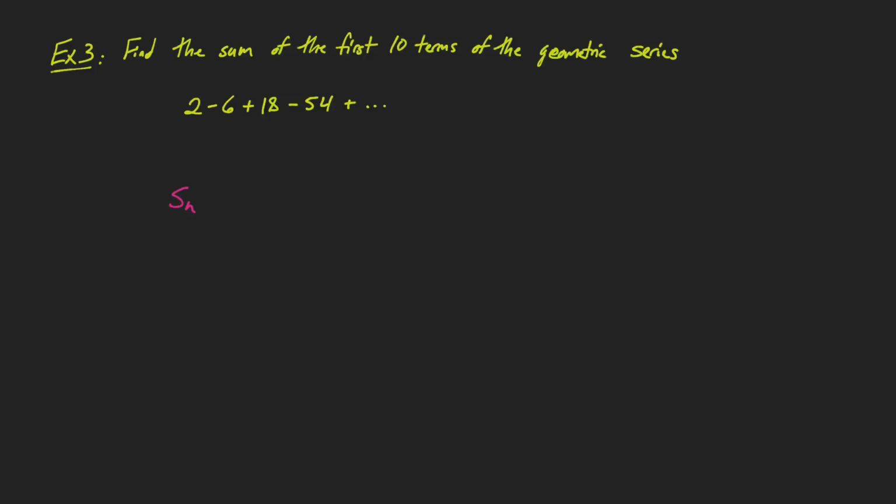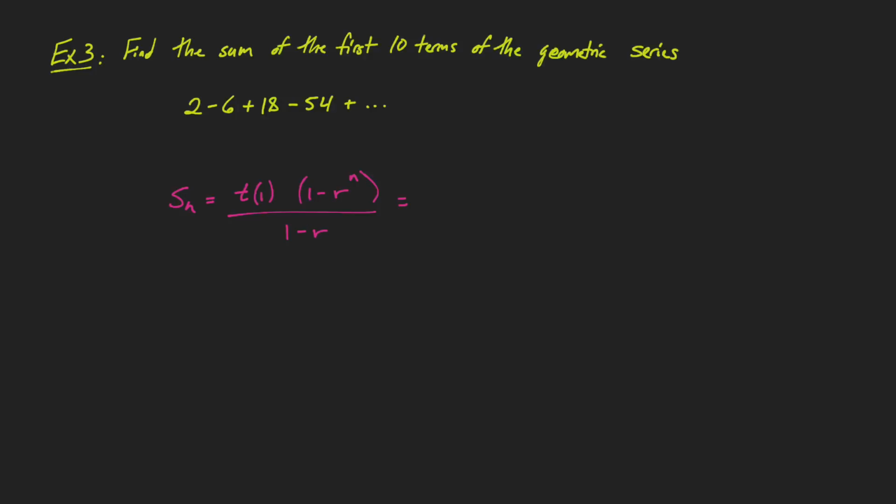So we have our sum of our series. T1 as our first term, and actually I want to keep it in my notation. T of 1 multiplied by 1 minus r raised to the number of terms in the series, and over 1 minus r, the common ratio. So let's plug these in.